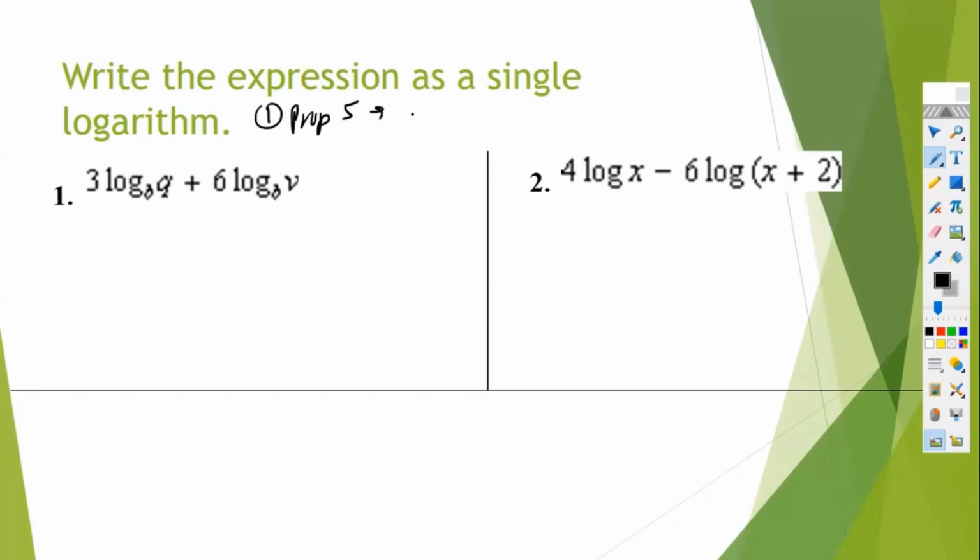So you're going to ask yourself, can I apply the power rule? Step 2 is you're then going to ask which property, 3 or 4, are you using? Are you using product or are you using quotient? And then step 3 is to check for property 1. Is there anything that cancels each other out?